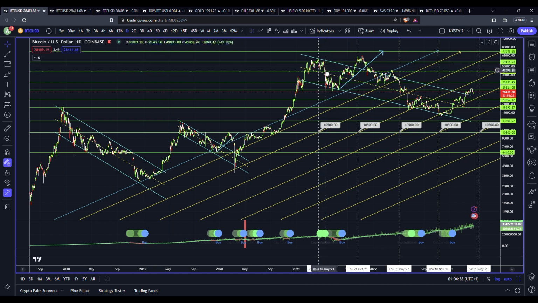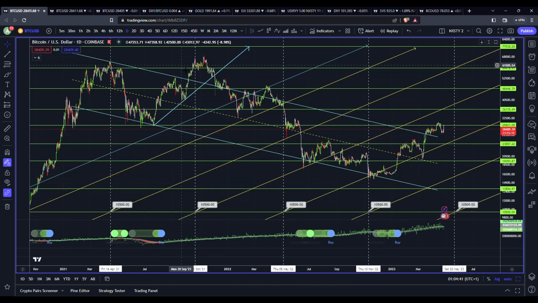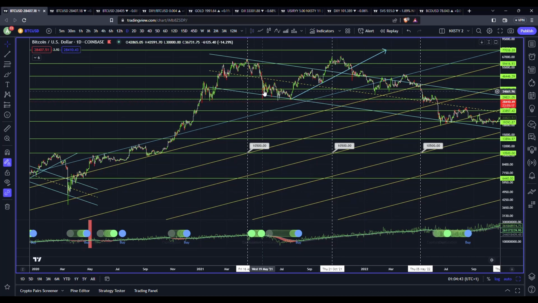Testing this Fibonacci level, testing the 46,000, losing support, breaching 36, and managing to find support at 29.